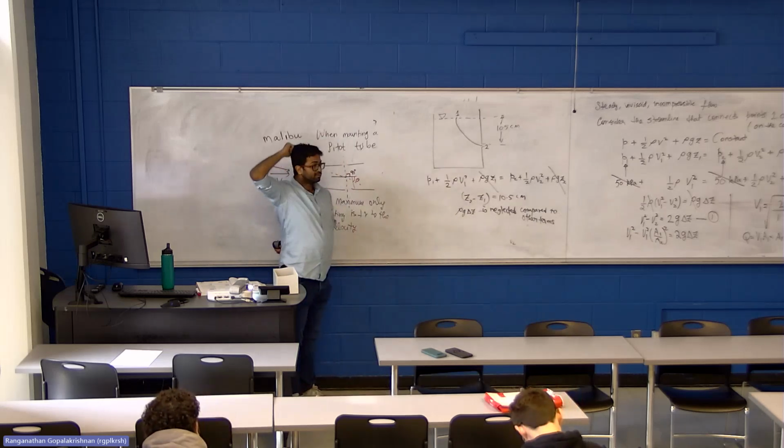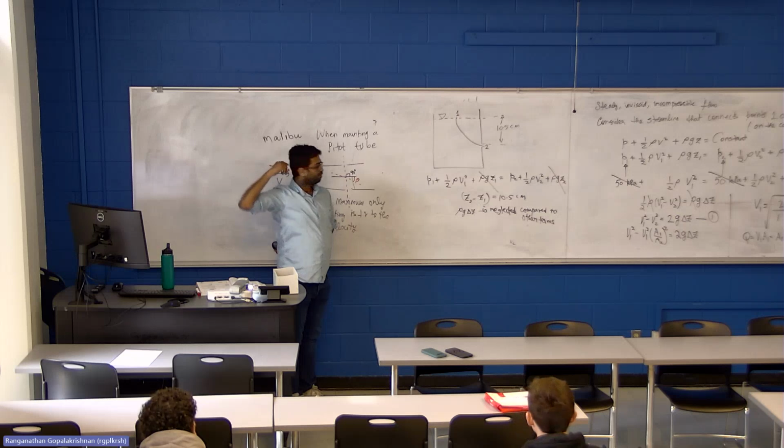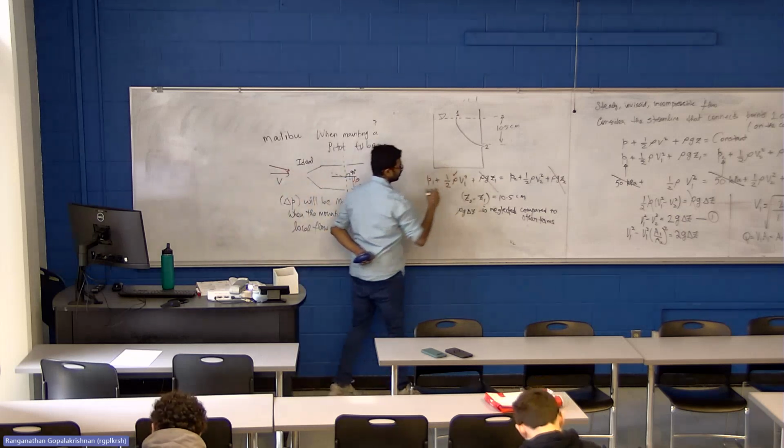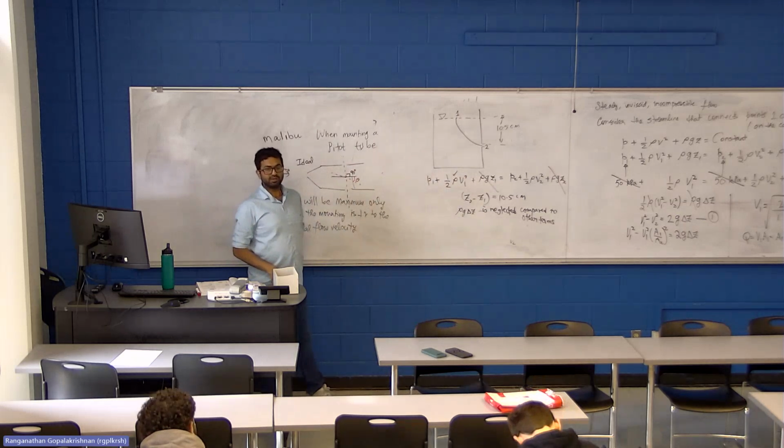Do we know V1? We know rho, that's a known, so you can punch it in. Do we know V1?